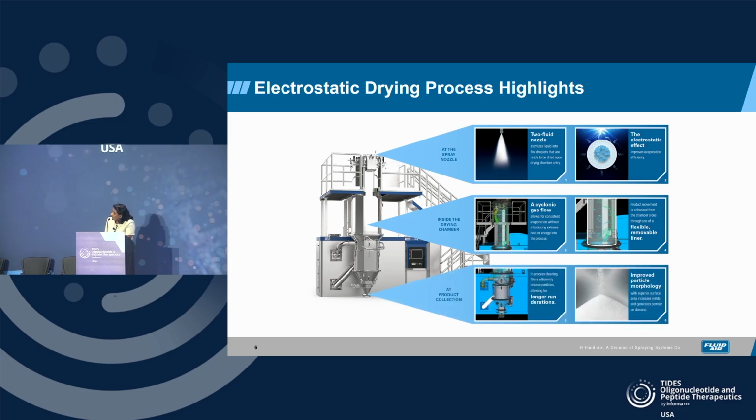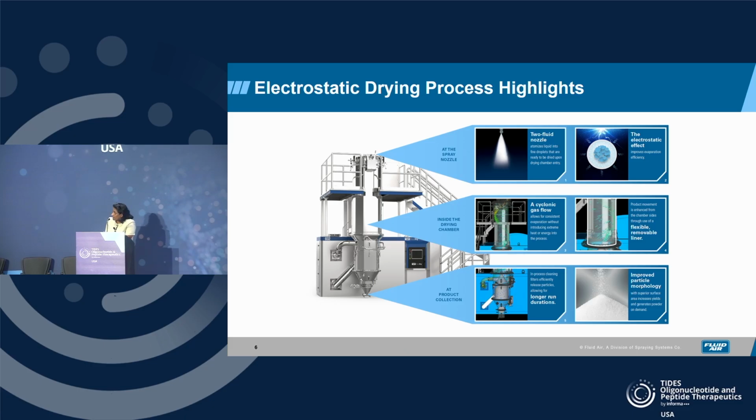And as the droplets float through the drying chamber, they're drying into dry powder particles, which then flow into the separation plenum, which houses our filters. The filters now separate the powders and the very wet gas vapor.